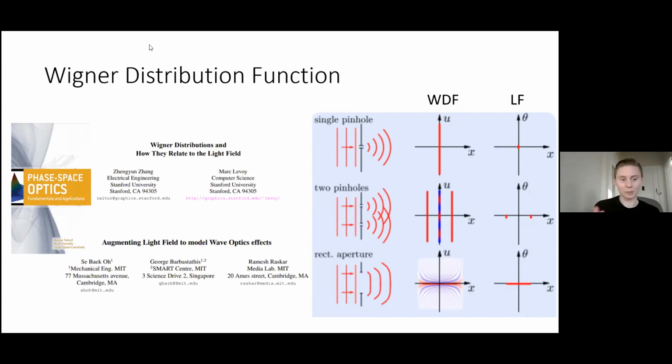Okay, so we can represent diffraction, we can represent interference, and just to get into a more complex, physically meaningful picture, here's a rectangular aperture. On the right, in the light field picture, after you go out of a rectangular aperture, you're not going to get any new directions, you're just going to have some wide spatial extent.